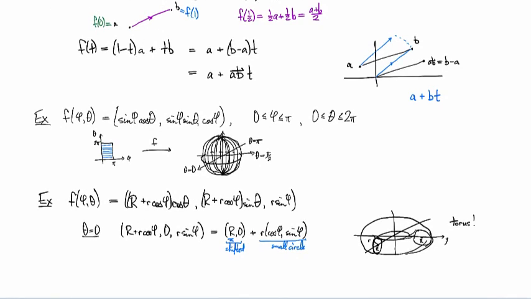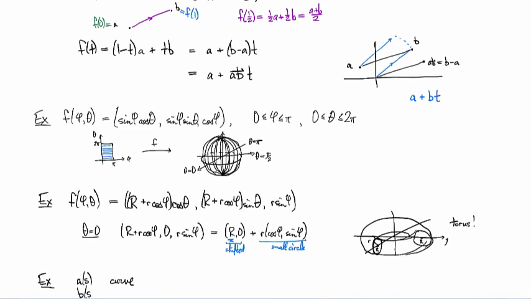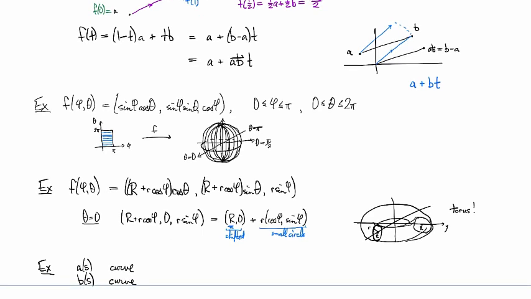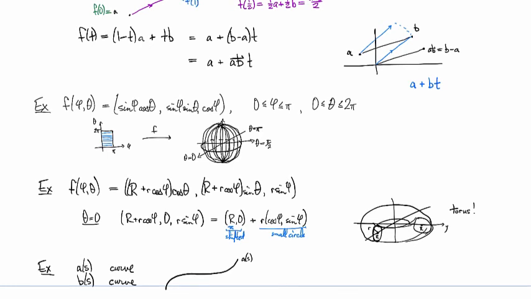And then one last one, just to tie a couple of things together. Suppose that A of s is some curve, and B of s is some other curve. So maybe A of s looks like this, and I guess we're in R3 here. And then maybe B of s looks like this.